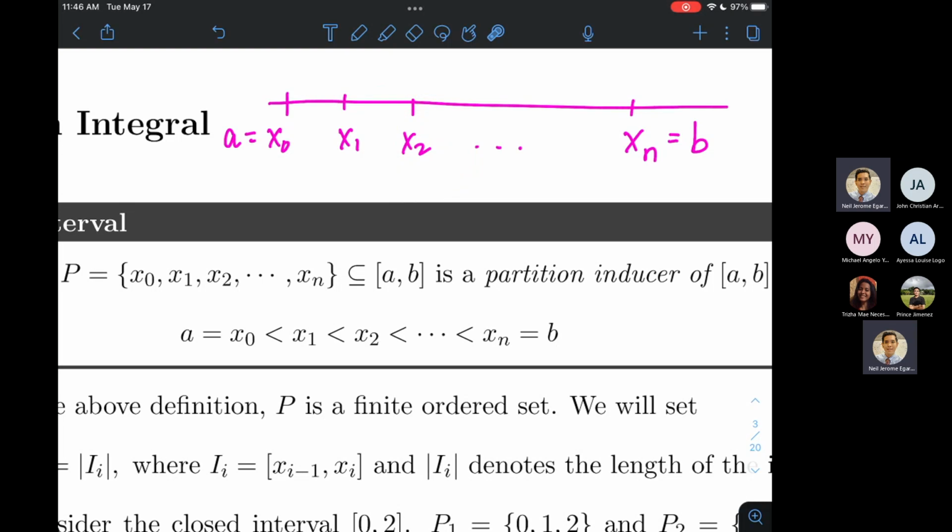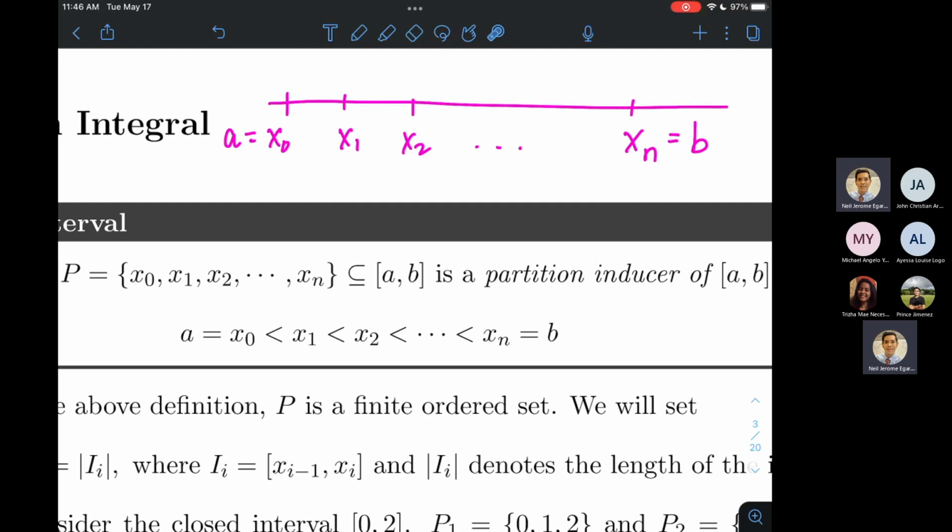Pero anyway, tapos ang union ng mga intervals na yon ay equal sa interval AB. So parang etong elements ng partition inducer, ito yung nagsasabi sa atin kung paano natin hati-hatiin yung closed interval AB into smaller closed intervals.